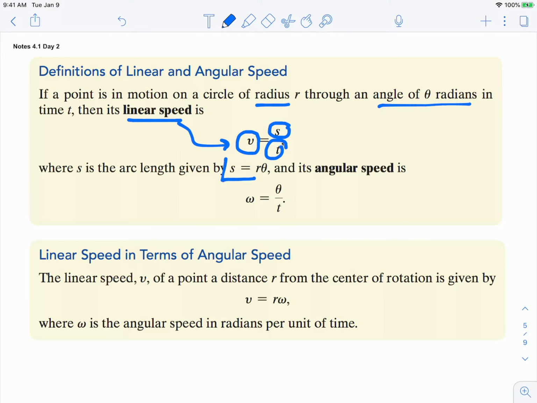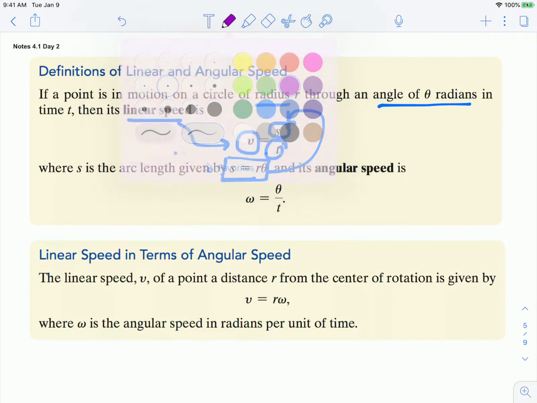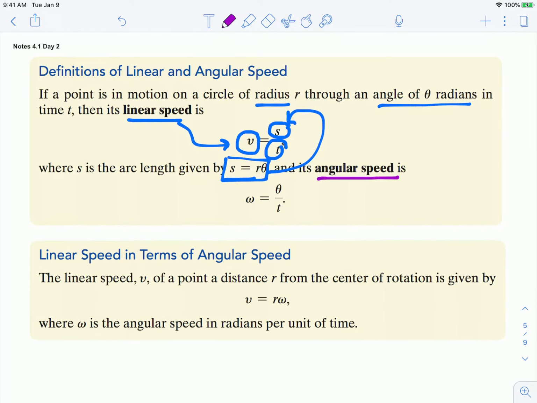So we've done that S earlier in our unit. That is our S. So then to find angular speed, we would use the letter W. Here's angular speed. And then you have that angle theta in radians. It cannot be in degrees. And then T is your time.